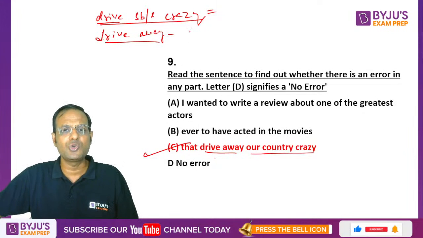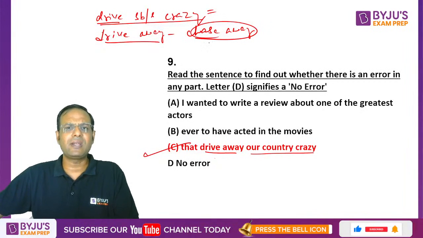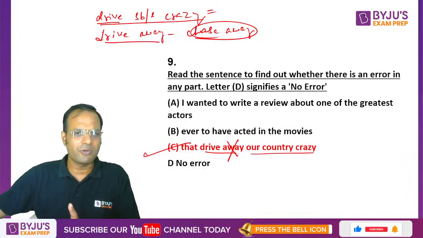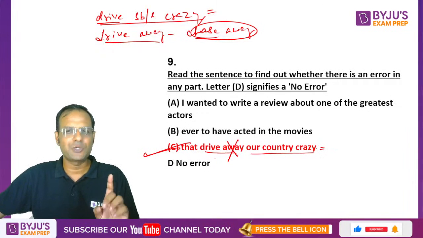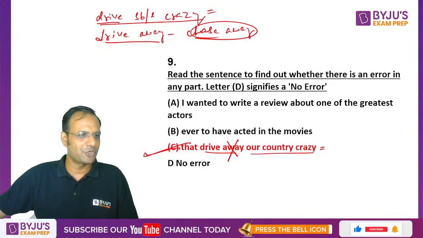Drive away means to chase, to chase away. भगा देना. To chase away, that is drive away. In this case, away is not required. C has a problem. That drive our country crazy, that should have been the right answer choice.